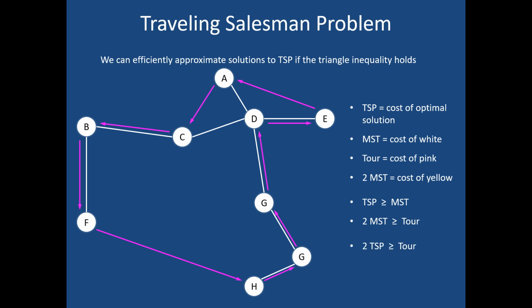Okay. If you double the TSP, that's greater than or equal to the tour. So again, the tour is the cost of the pink. Okay. So why does that hold?